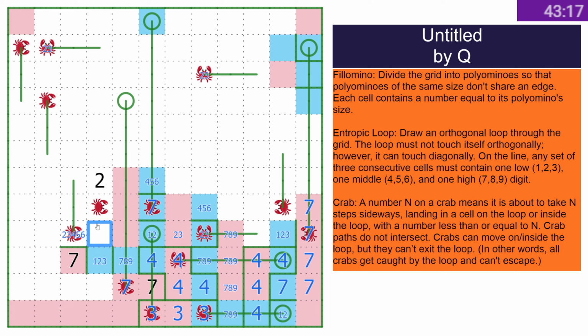If that was blue... Oh, this is interesting. If that's blue, that has to be blue. You could, in theory, loop around like that. Hoping to make that non-blue. I think it's okay to be.